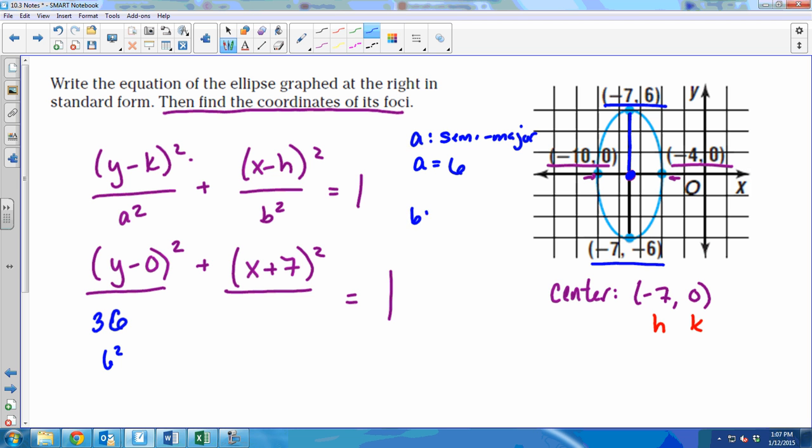B is the semi-minor axis. The semi-minor is half of the short axis that goes horizontally in this case. So how long is that? 3. From here to here, that's 3. So then we have 9. 3 squared.